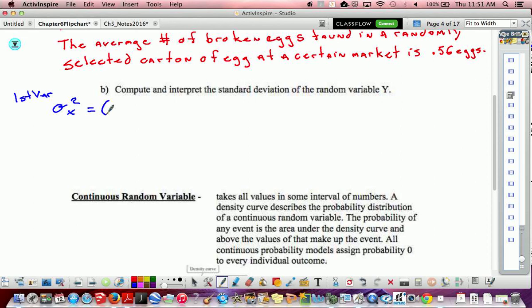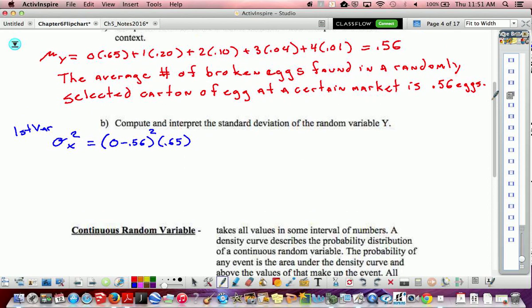So I go through each outcome: 0 minus 0.56 squared times its probability, which I think was 0.65, plus 1 minus 0.56 squared times 0.20, plus 2 minus 0.56 squared times 0.10, plus 3 minus 0.56 squared times 0.04.